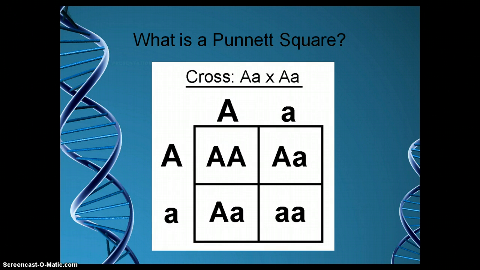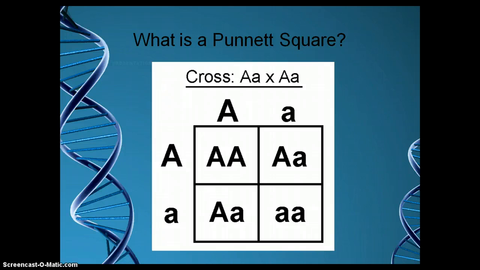In order to determine what the predictability is of somebody getting something or inheriting something, we use a Punnett square. The Punnett square helps us determine the probability of a trait occurring. When you see a capital letter like you see here, the capital A denotes dominance, and the small lowercase a denotes a recessive trait.